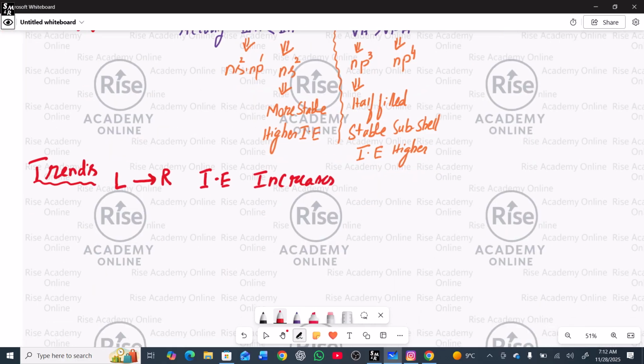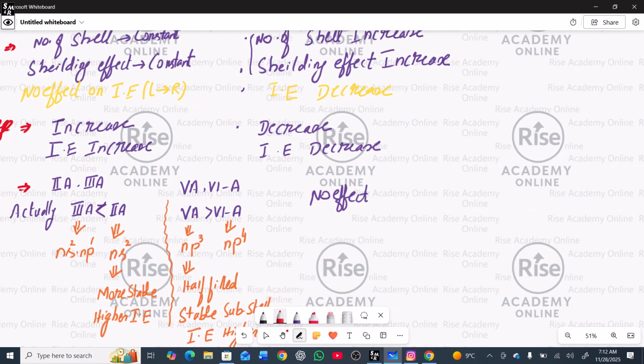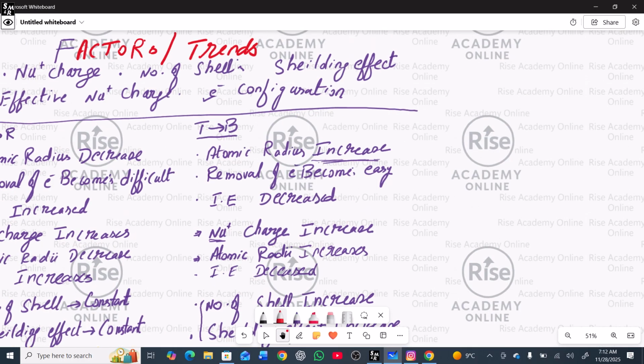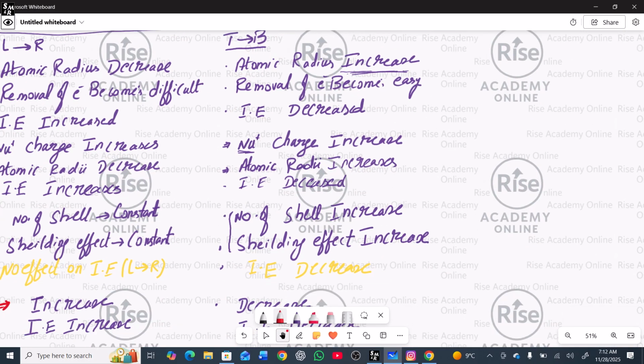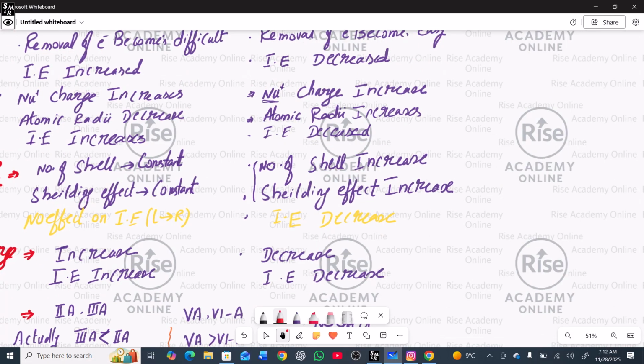Now, in moving from top to bottom in a group, in the light of the above discussion, atomic radii increase and cause a decrease of ionization energy.